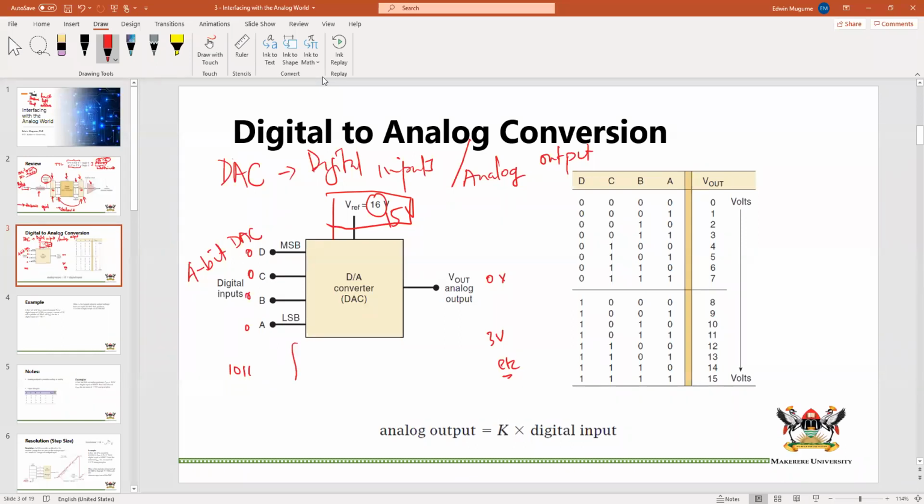We call that the full scale output, or you can say full. You can even do that. So we can say therefore that depending on what we have at the input, we get a corresponding output. We can say that our analog output therefore is equal to a certain proportionality K times the digital input.